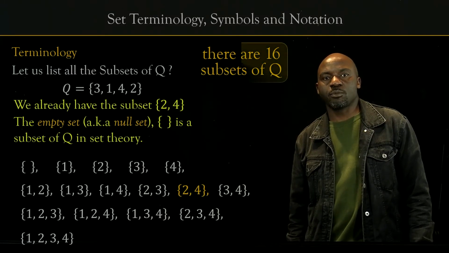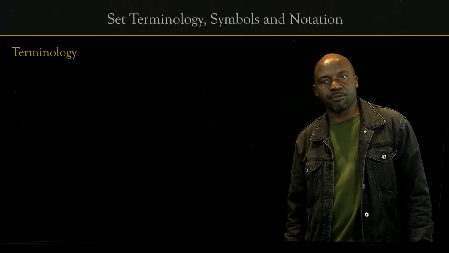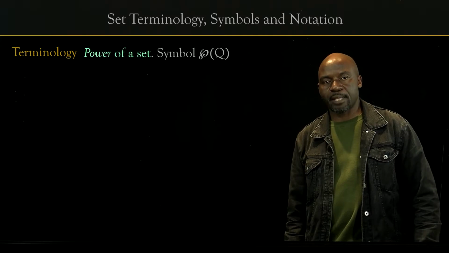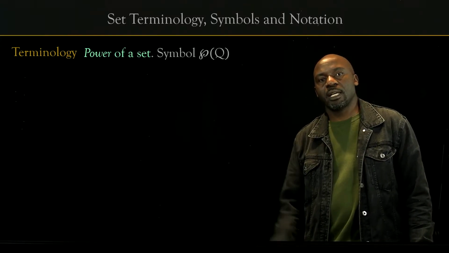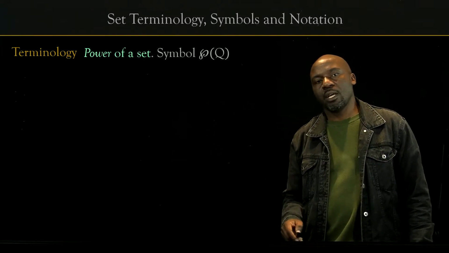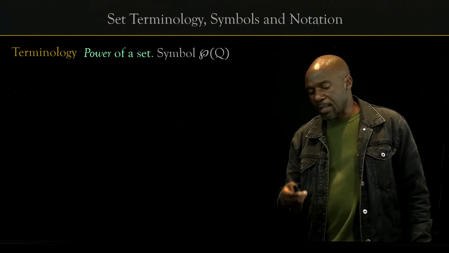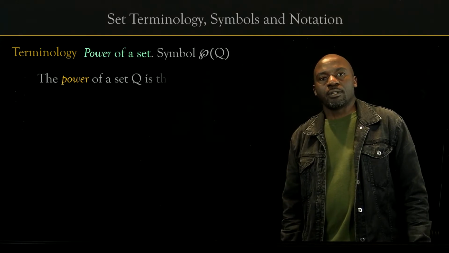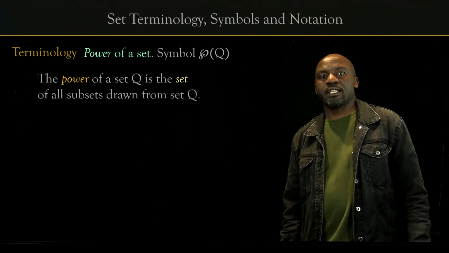All right, now let's move on. I want to define one more thing before we stop, and that is the power set. The symbol for the power of a set is a capital P, and then you put in brackets the set name or the set symbol. The power of a set Q is a set.